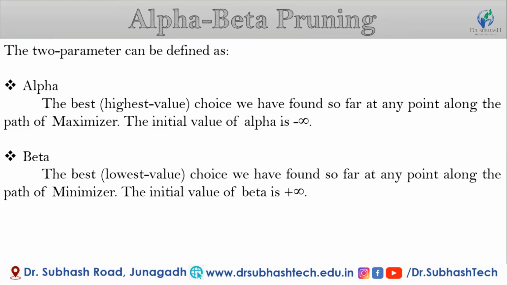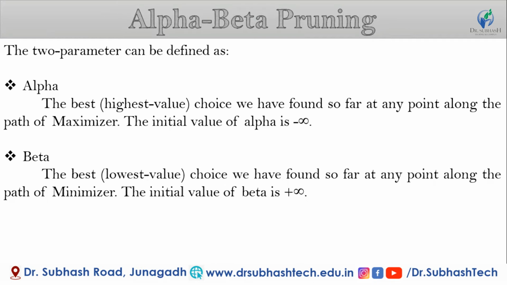Alpha beta pruning applied to a standard min-max algorithm returns the same moves as the standard algorithm, but it removes all the nodes which do not really affect the final decision but make the algorithm slower.